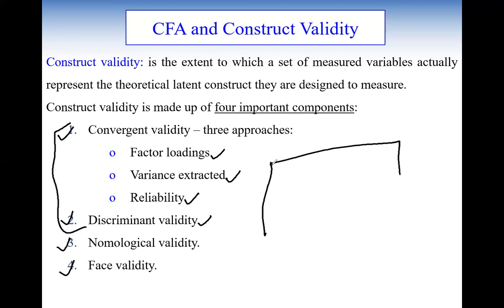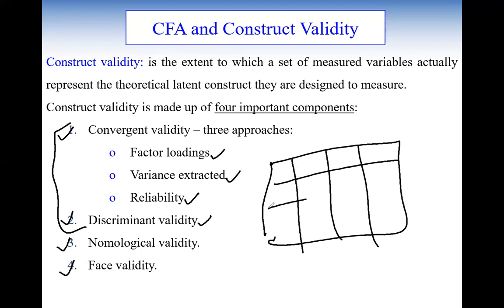For example, if I create this matrix, there are three factors. It is a symmetric matrix. In the principal diagonal, these are the AVE, and off the diagonal are construct 1, construct 2, construct 3, the same as F1, F2, and F3.